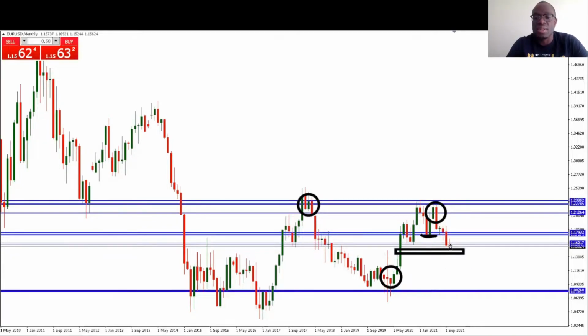The second scenario is that upon clearing this inefficiency, the price may push back to establish a lower high. By doing that, I'll be expecting it to come and test this order block level, where it will be rejected, and then the price will move again, breaking structure, maybe pull back and test the previous low, and then come to this order block.